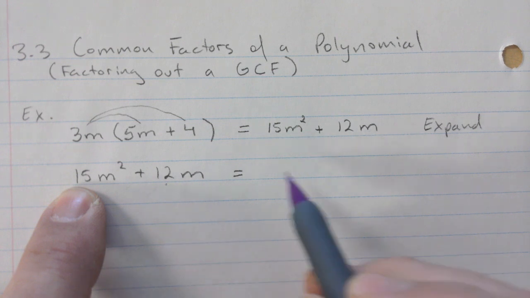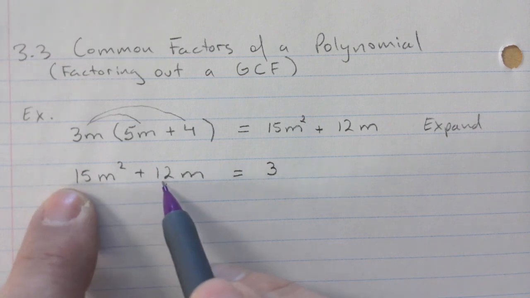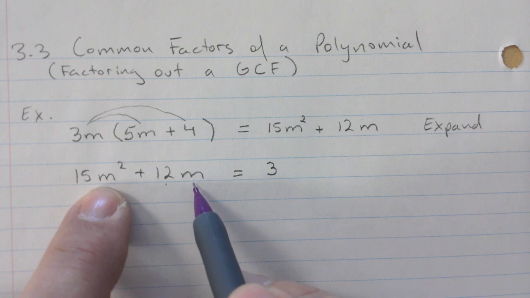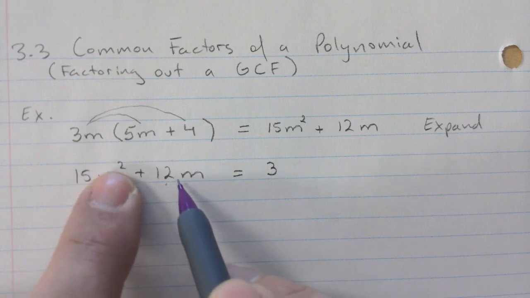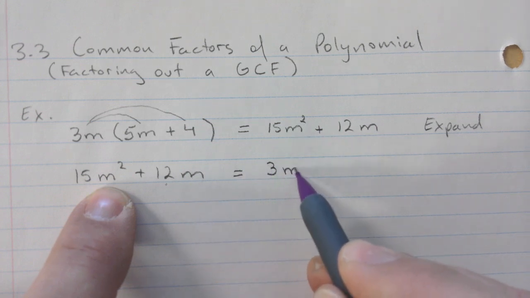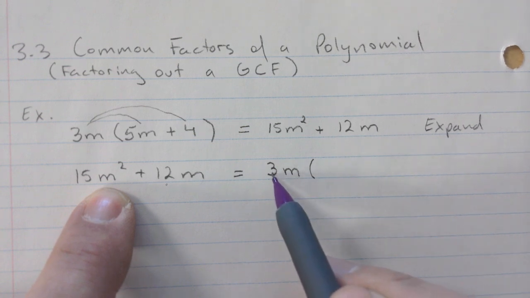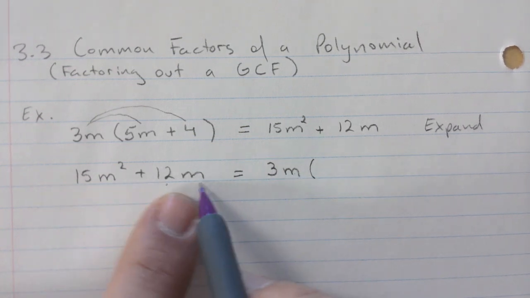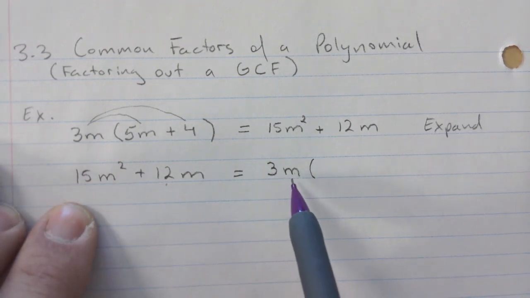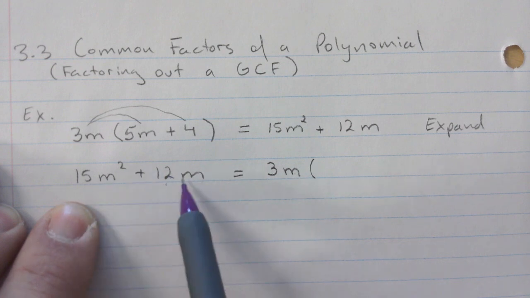So 3 goes into 12 and 15. And then you look at the variables. What's the greatest variable with the highest power that goes into both of them? And it would be m. So you are basically dividing out 3m from this expression. You're going to take out 3m.